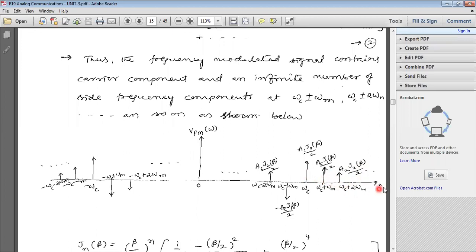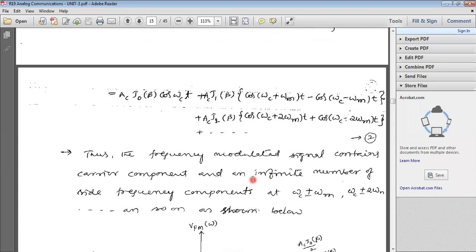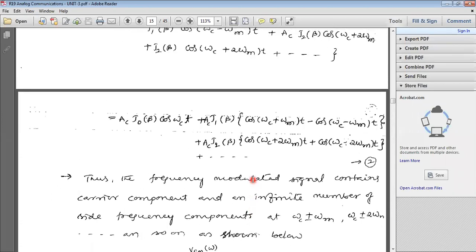Therefore, we have an infinite spectrum in wideband frequency modulation, so the bandwidth is also infinite. Again, in the next class I will tell you the spectrum of wideband frequency modulation. Just practice up to this analysis. So this is the final expression for wideband frequency modulation in terms of the Bessel function. If you take single tone frequency modulation, the message signal is a single message signal.